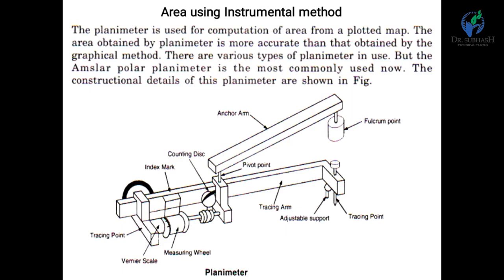The planimeter consists of the tracing point, fulcrum point, anchor point, pivot point, counting disc, index mark, tracing point, vernier scale and measuring wheel. Those are the different parts of the planimeter, and we have to understand their functions and uses for calculating area using a planimeter.